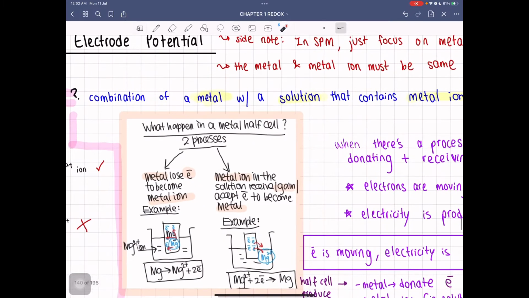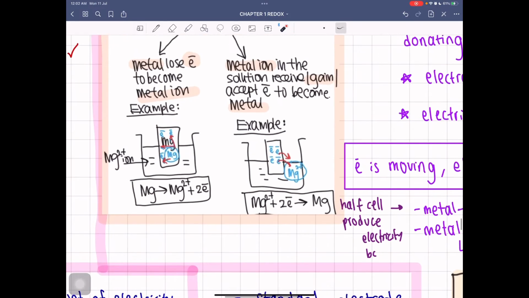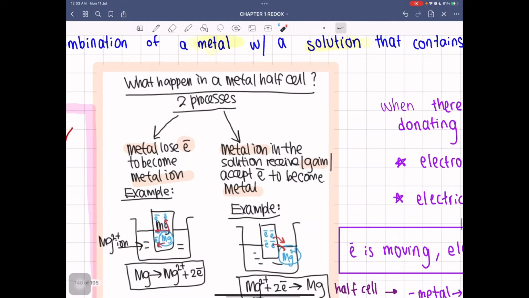Now the question that occurs next is, what happens in a metal half cell? There are two processes about to happen. First, the magnesium metal will lose electrons to become a metal ion. Remember, when you form your half equation, you add your electron at the more positive side. So for Mg2+, you add 2 electrons. The other process is that the metal ion in the solution will gain electrons to become a metal.